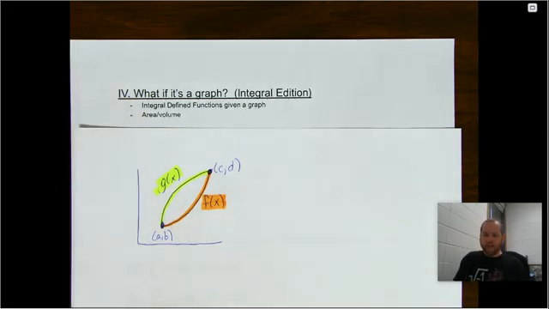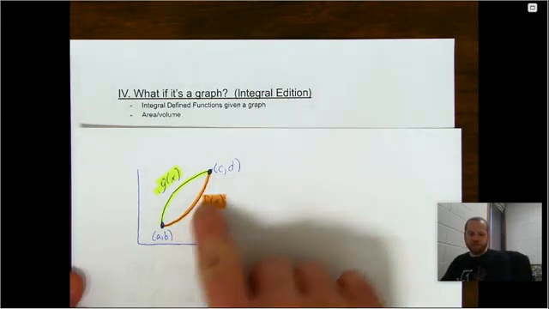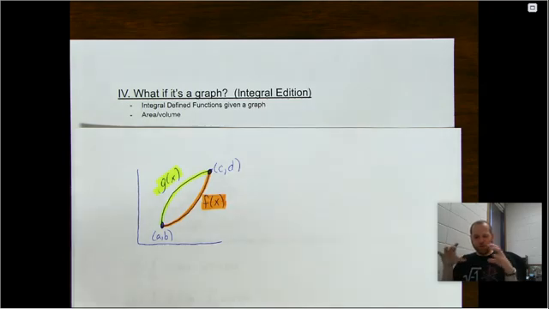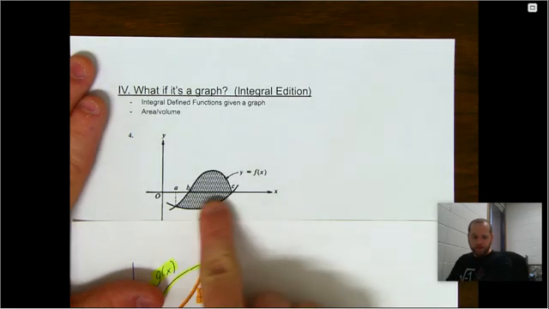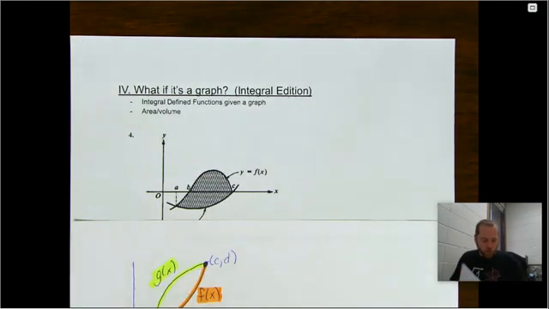But one of the ways you can tell when you're looking on the AP exam that it's more likely to be an integral, an area volume graph, is that these are not typically precise. There's not typically a grid behind them. They are more just generic functions. That way they know that you don't have to analyze or calculate as precisely. So if you see a graph that is just defined, like here's a graph right here, A, B, C, it's not really defined well.